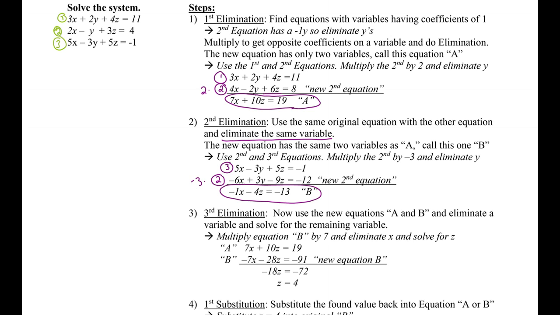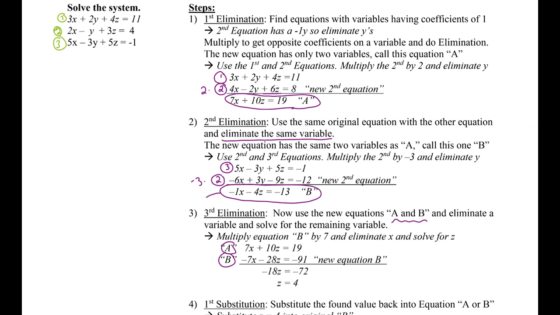We move down to the third elimination. The third elimination tells you to use your new A and B equations and eliminate a variable and solve for the remaining variable. So because these two equations only contain x or z, I have to choose to eliminate one of those. So it's using equation A and equation B from above.